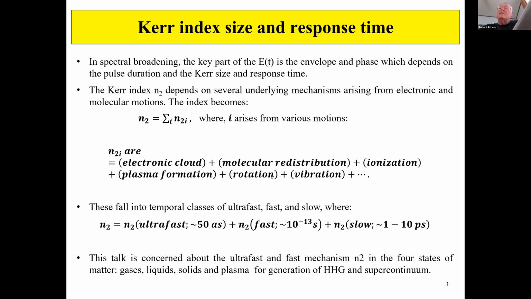Each one of these has its own response time. For example, the ultrafast response due to the electronic cloud distortion is 50 attoseconds. The fast part is a tenth of a picosecond, and the slow one is 1 to 10 picoseconds.